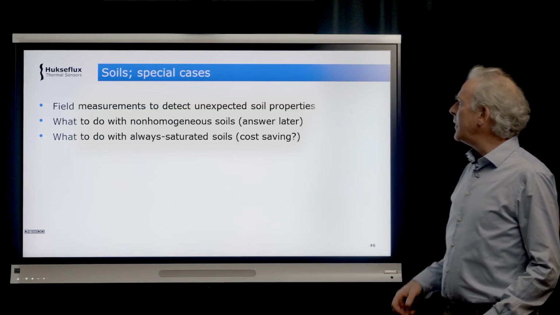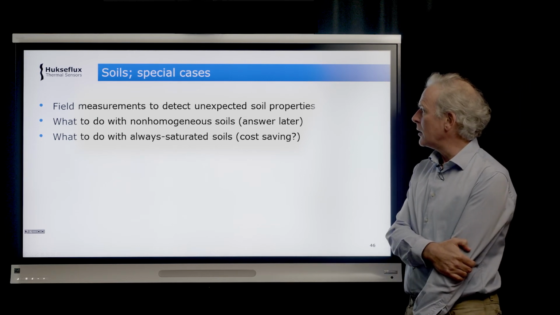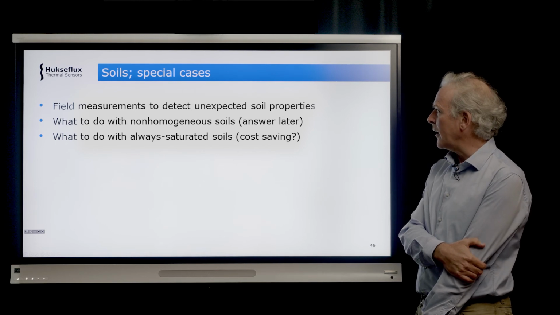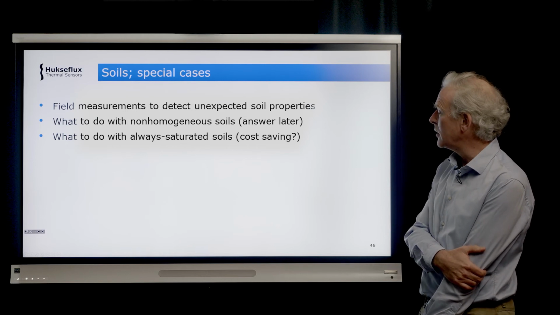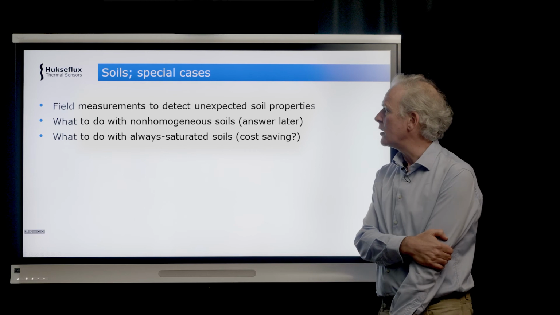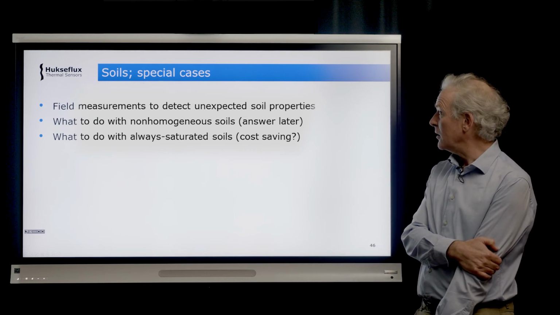So there are some special reasons why people perform or encounter soil thermal conductivity measurements. First of all, some surveys are done just to detect unexpected soil properties.